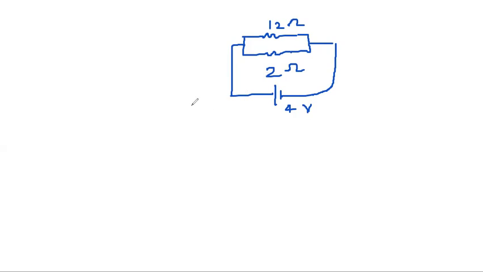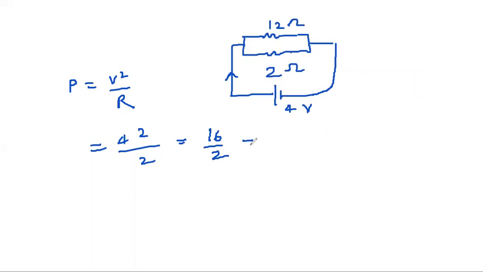So in this case, we can directly apply the formula P equal to V square upon R. So voltage for this 2 ohm resistor is 4 volt. So 4 square divided by 2, so that is 16 divided by 2 will give 8 watt.